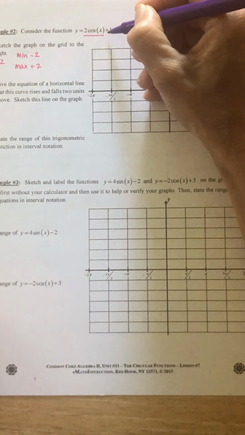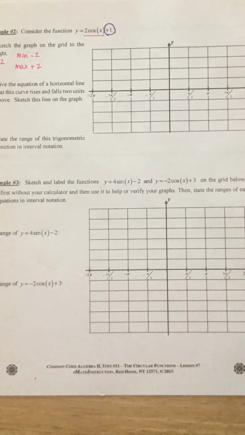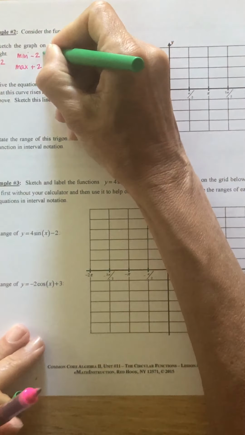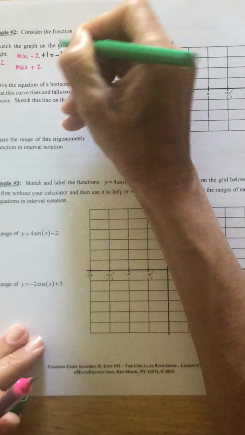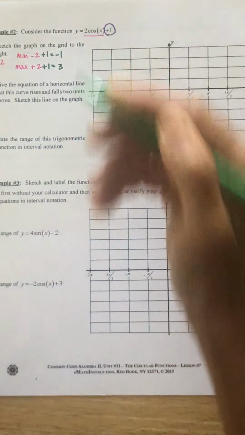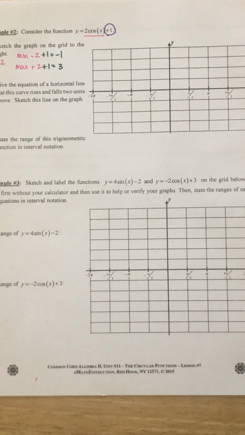However, this plus 1 now takes those mins and maxes and adds 1 to them. It brings it up. So now I'm going to add 1 to the min, and that's going to give me -1. And I'm going to add 1 to the max, and that's going to give me 3. So if I graph this correctly, my low point should be a -1, and my high point should be a 3.